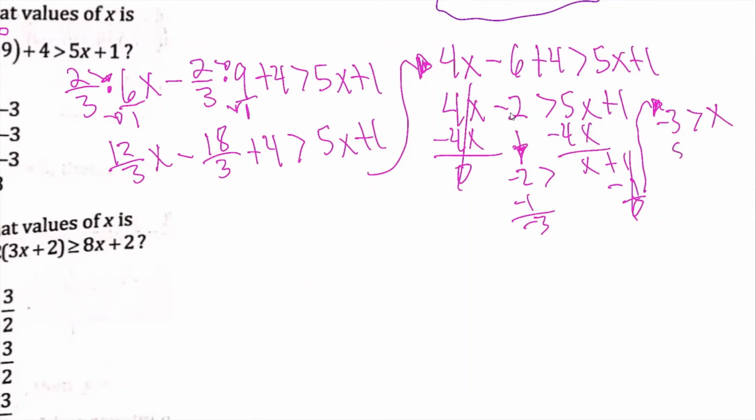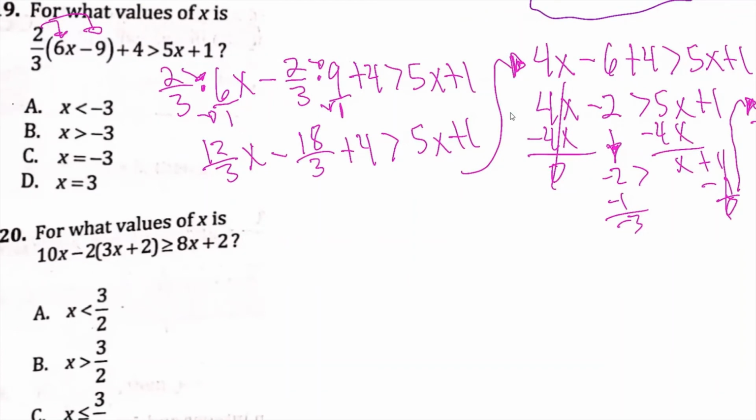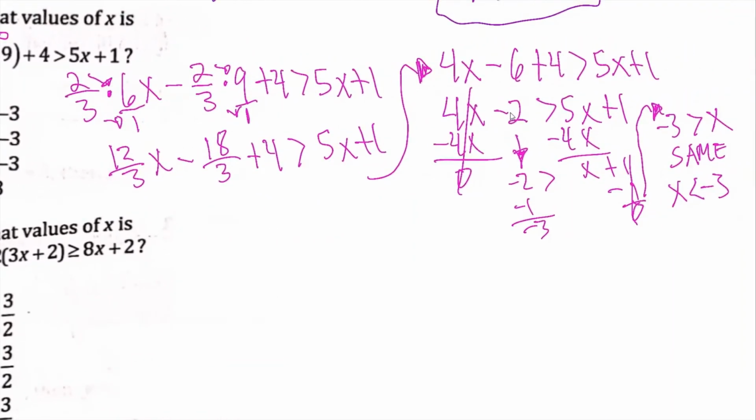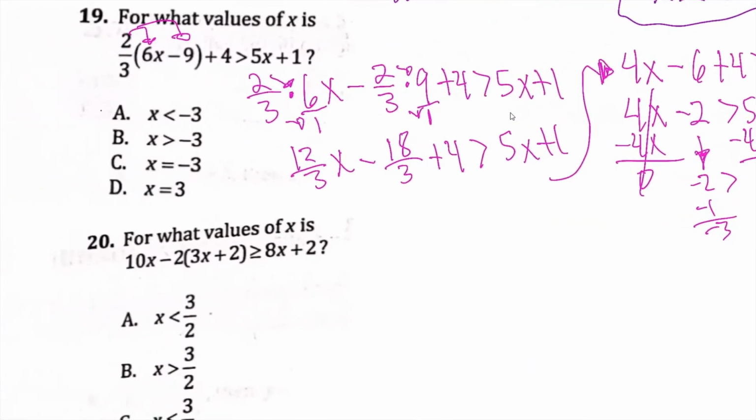I don't want the x first, so this is the same, remember, as x is less than negative 3. So our answer here will be x is less than negative 3. That is how you do that one.